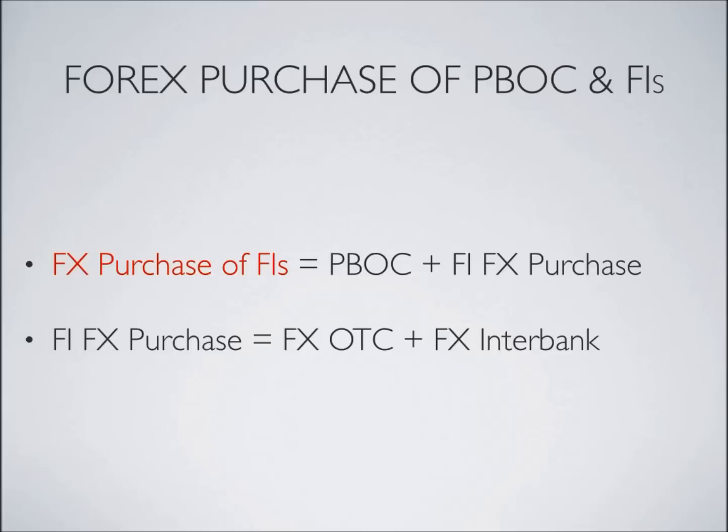Now this includes 2 parts. The first part is obviously PBOC's own position, and the second part is for financial institutions. For financial institutions, there are 2 parts that are part of its Forex purchase position, which are the Forex exchanges in the OTC market and the Forex positions in the interbank market.